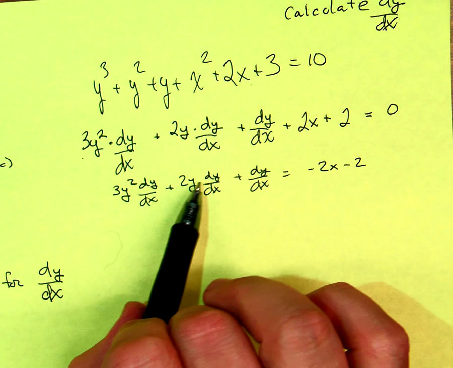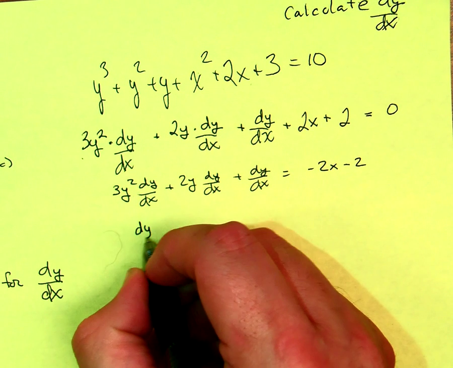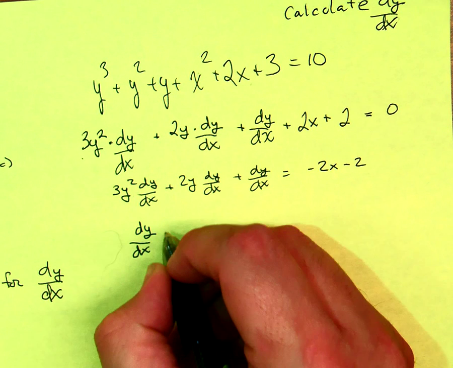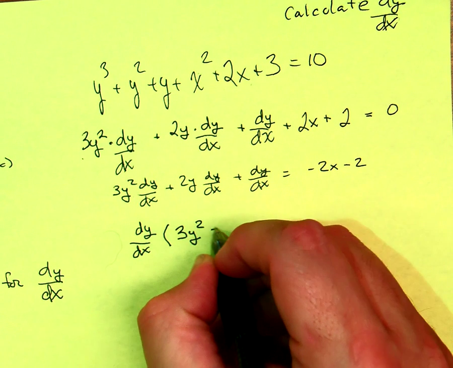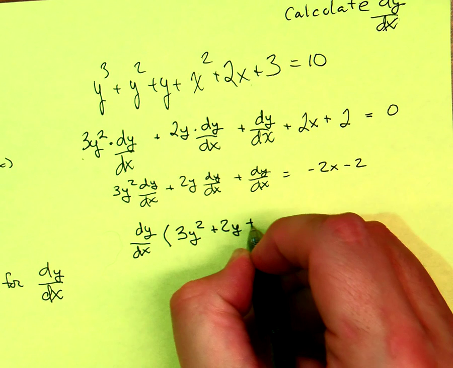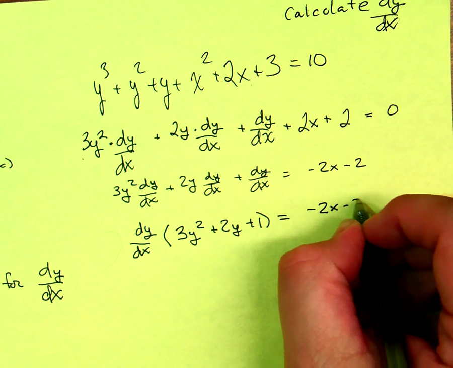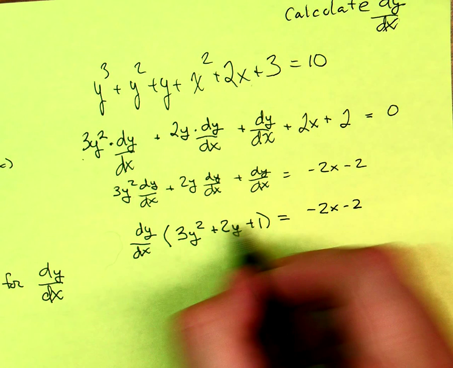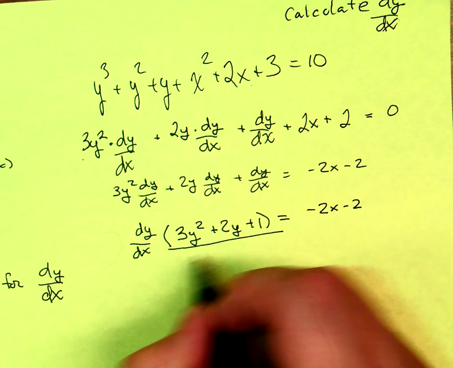Now here, yeah, we can factor out the dy dx. And what am I left with? And that's going to be equal to negative 2x minus 2. And now I got to get rid of that whole thing in parentheses. So just divide by 3y squared plus 2y plus 1.